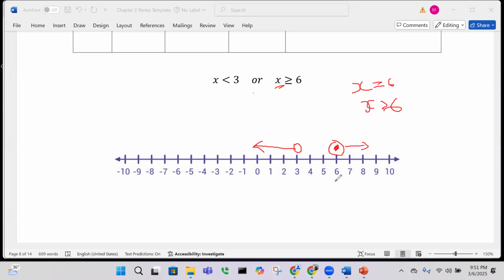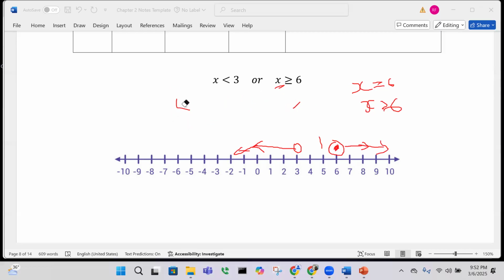This will not make this true. So if I put 4, 4 is not a solution because 4 is not less than 3 and 4 is not greater than 6. So 4 is not in the solution. Anything going this way or any number going that way is in the solution. 5 is not in the solution set. 5 is not in the solution of that inequality.